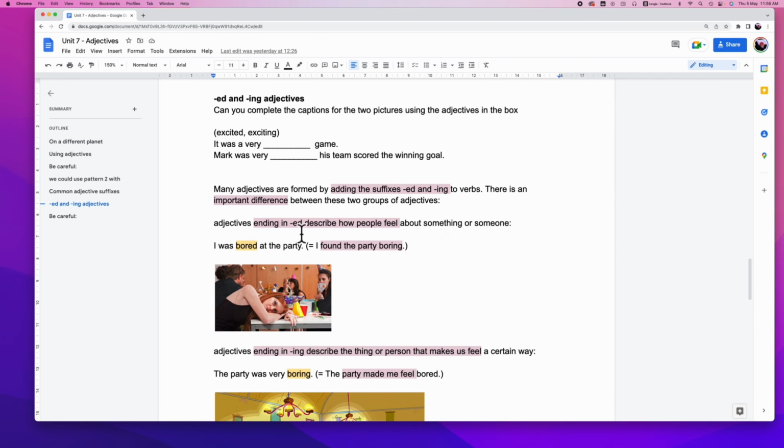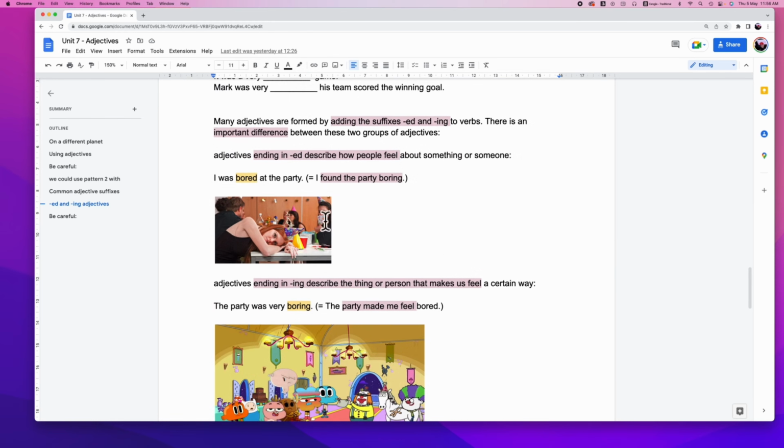Adjectives ending in ed describe how people feel about something or someone. For example, I was bored at the party. I find myself feeling bored, and the party is boring. So I was bored means I feel bored.